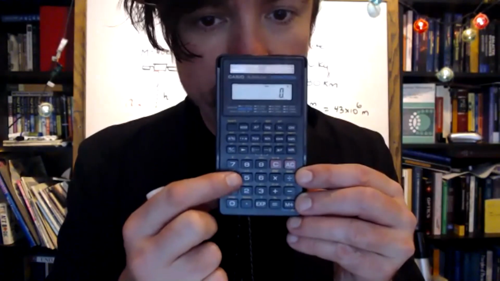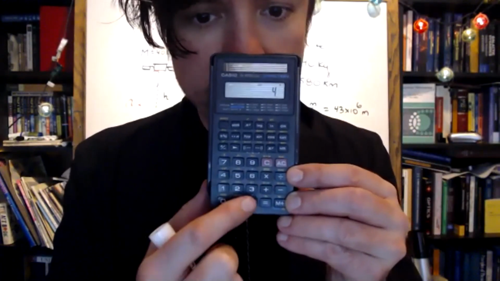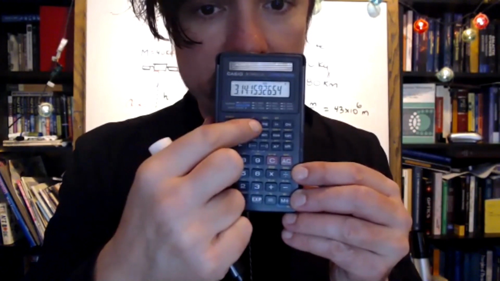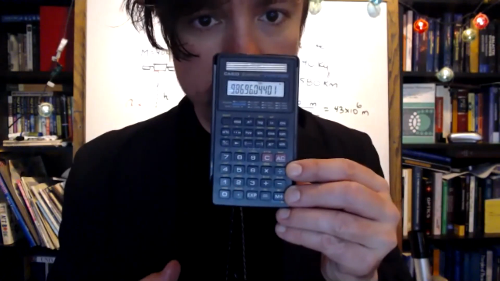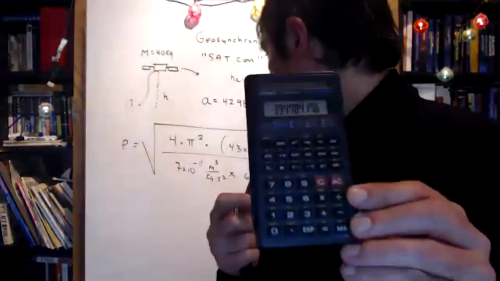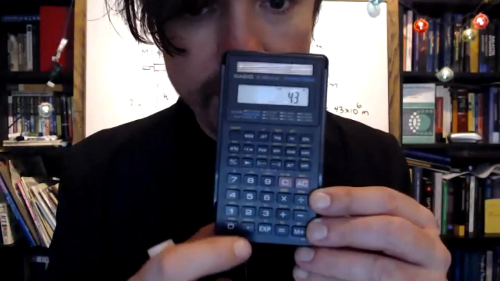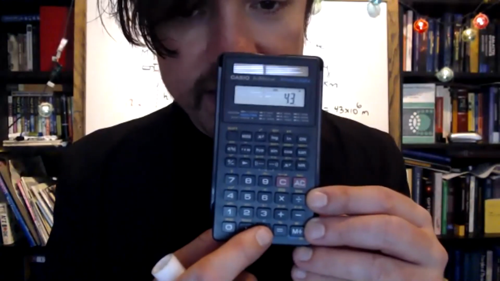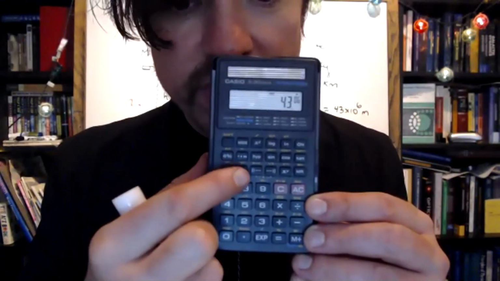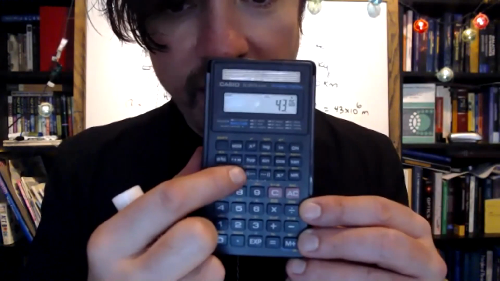Punch with me. 4 big pi squared times 43 exp 6. Now we've got a cube, which is shift and then this key. Boom.